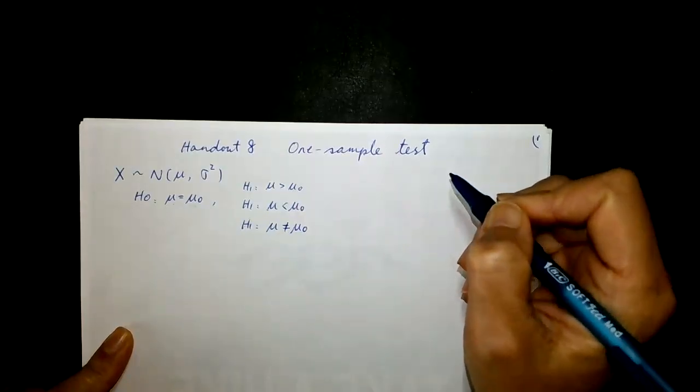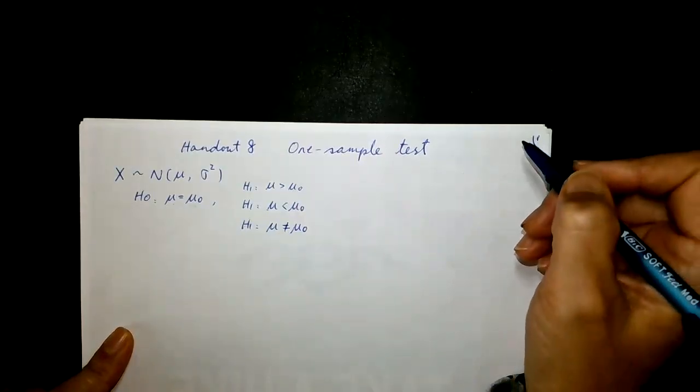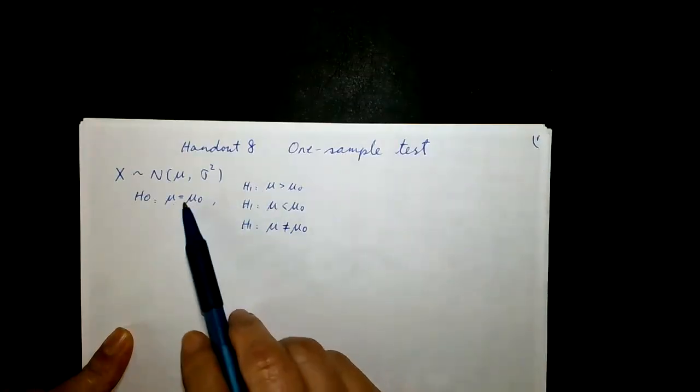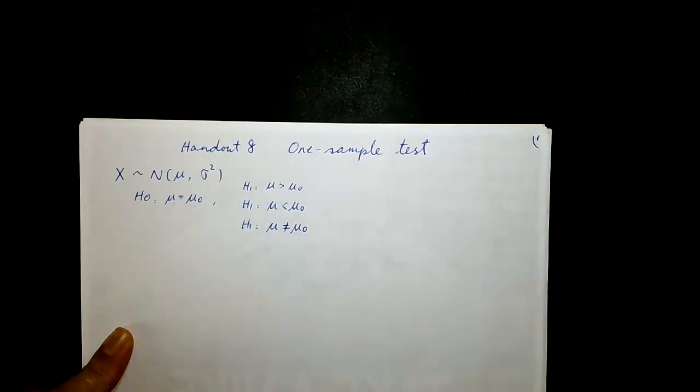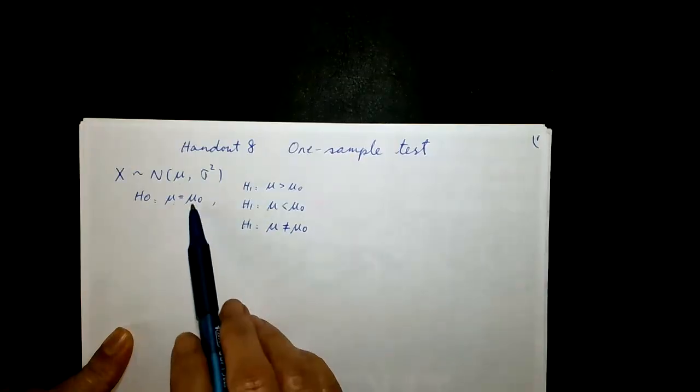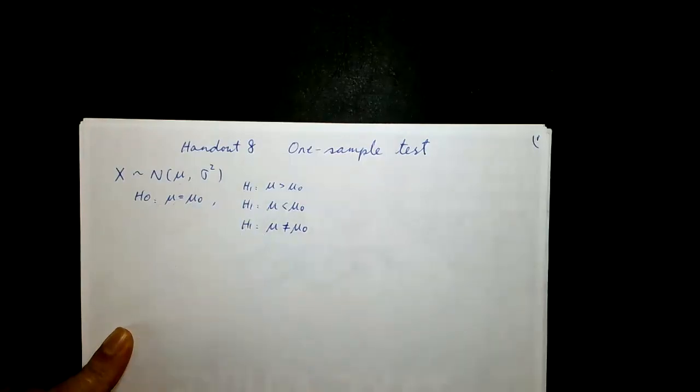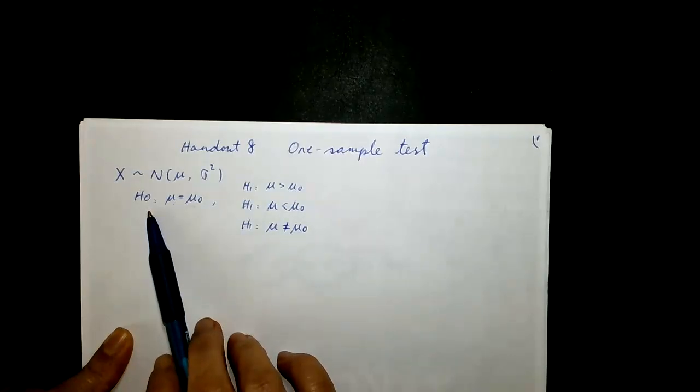For this course, we have a very straightforward way to choose which pair of hypotheses we are working on. But in real life, even what to put in H naught, what to put in H1 is something serious. It's a serious topic in real life. But for this course, we are always giving you in questions H naught, H1.